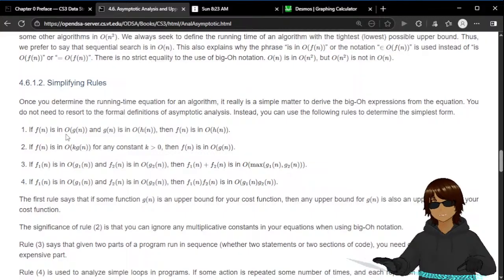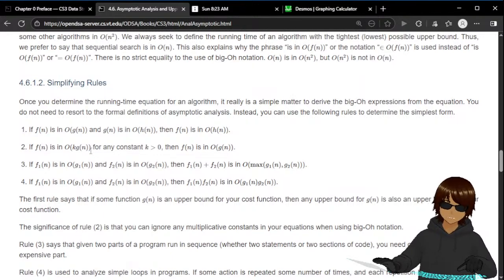If Fn is an O(Gn) and Gn is an O(Hn), then Fn is an O(Hn). If Fn is an O(KGn) for any constant k more than 0, then Fn is an O(Gn).